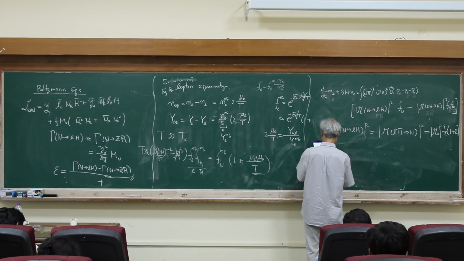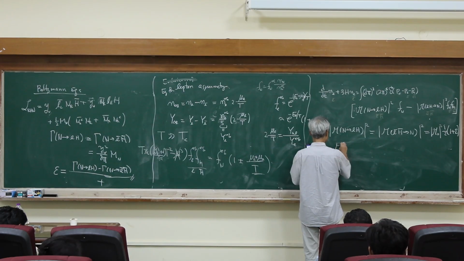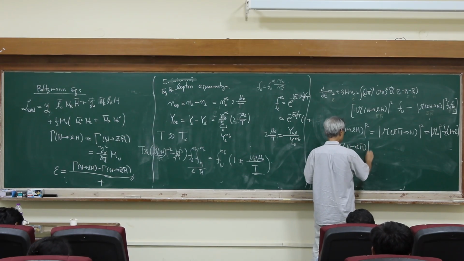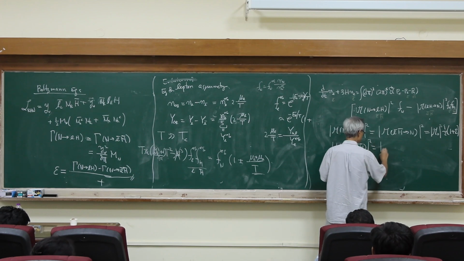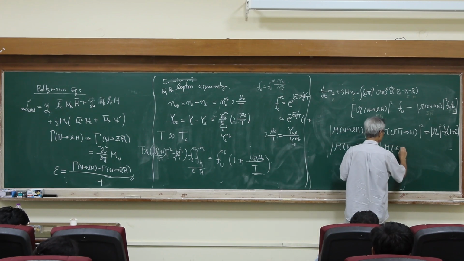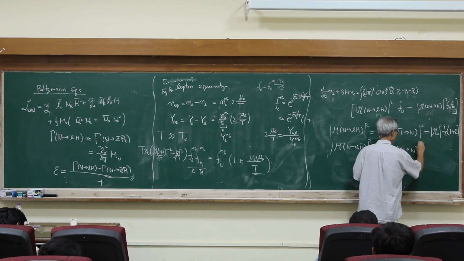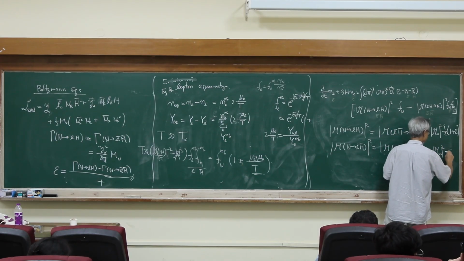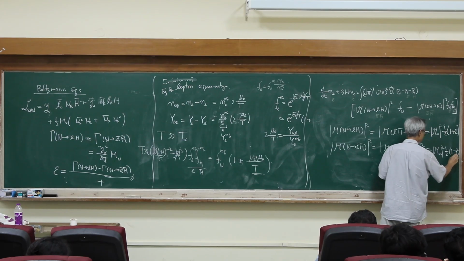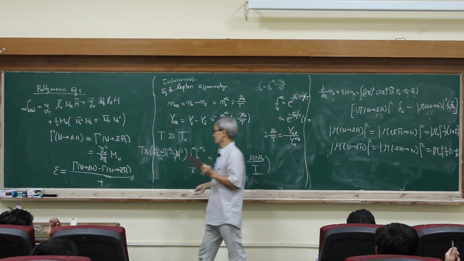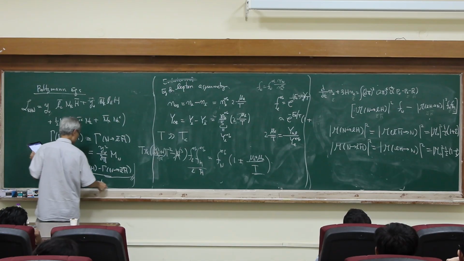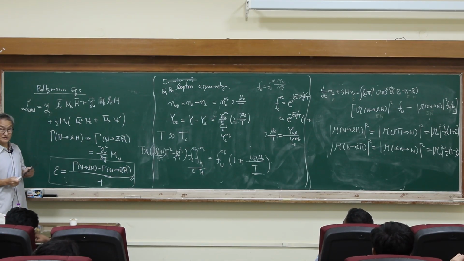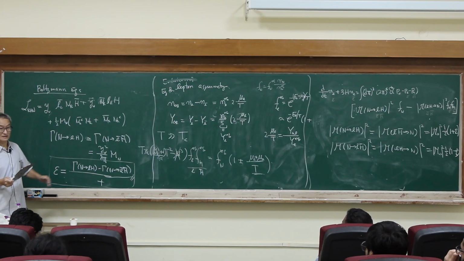I mean, compared with this antiparticle decay, then obviously this will be 1 minus epsilon. So epsilon is this CP asymmetric quantity of right-handed neutrino decay.